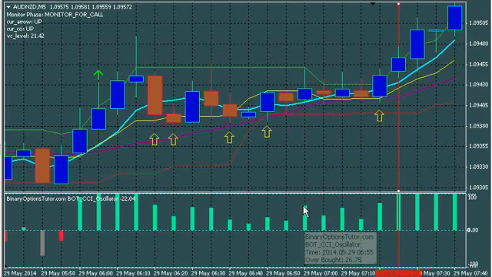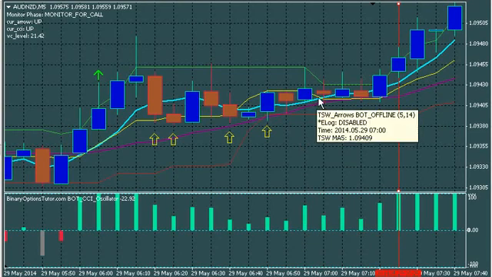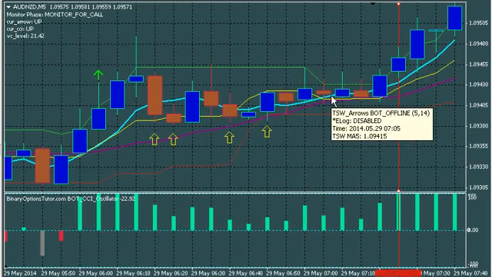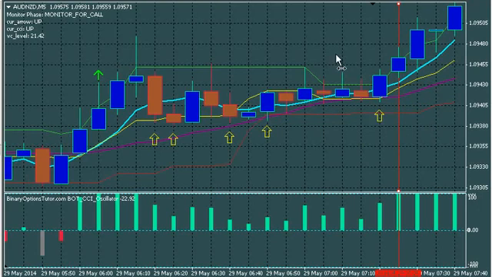Got a substantial wick at the top there, and there goes a nice little southern turn. We're seeing all of this tight action here. Not something I'm interested in trading.